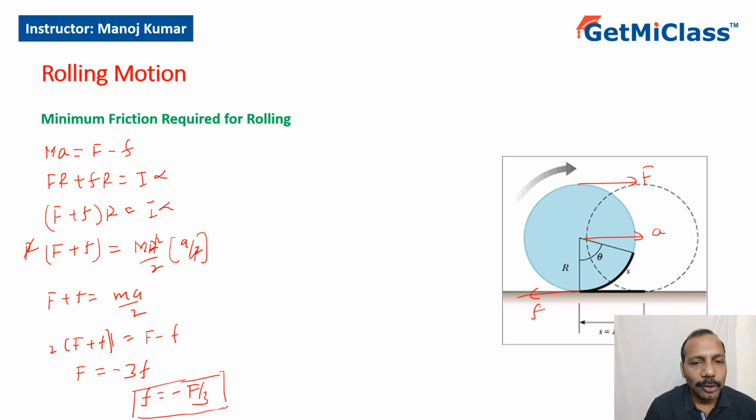Now, what factors does this minimum friction depend on? It depends on the point where the force is applied, and of course the shape and size of the body, or the nature of the body, in terms of which we can say the moment of inertia of the body.